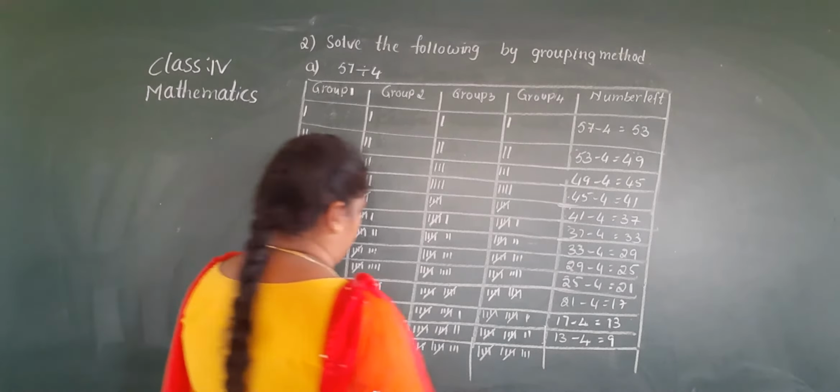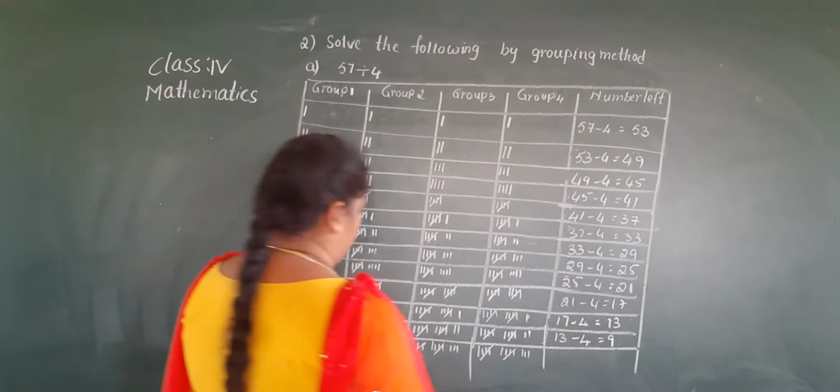If you divide the 57 numbers into 4 groups, each group has 14 with remainder 1. With remainder equal to 1.